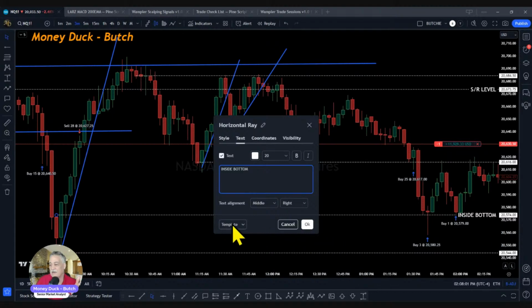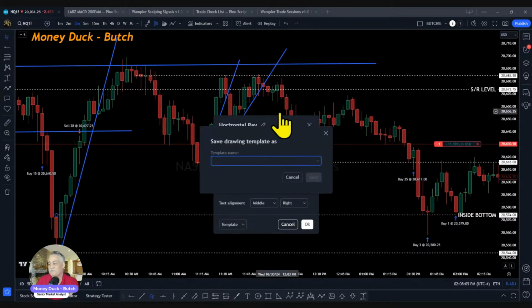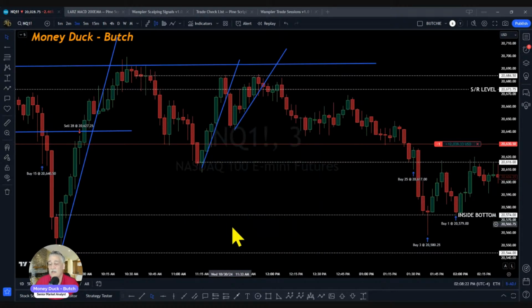So inside bottom, save it as a template. Guys, you'll end up having a lot of templates if you're doing it right. Because I can mark that 3 minute inside bottom, 3 minute inside top. I don't mark them on the larger time frames normally. So that is our inside bottom.